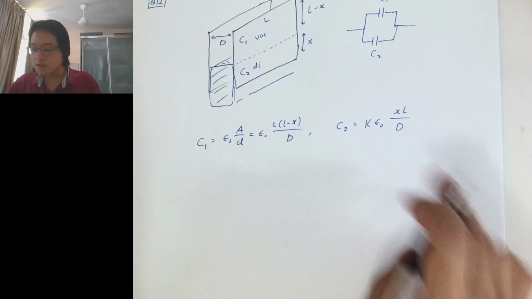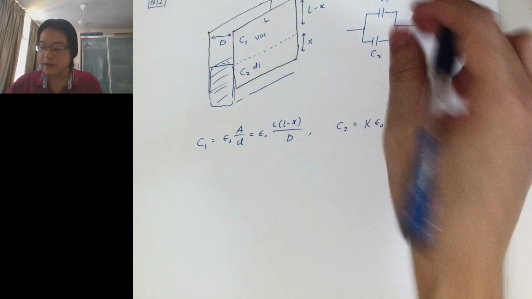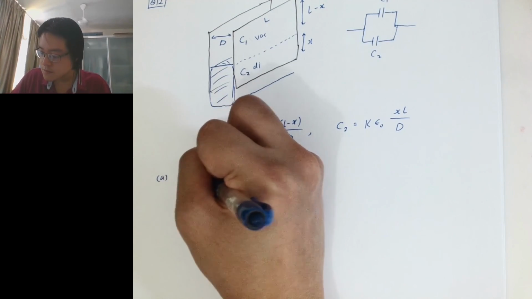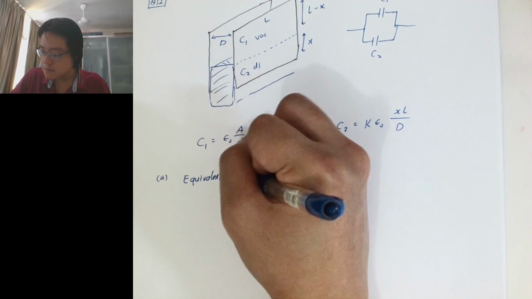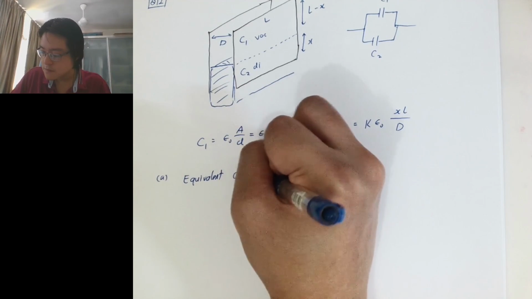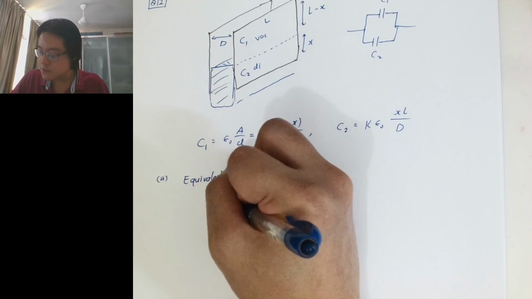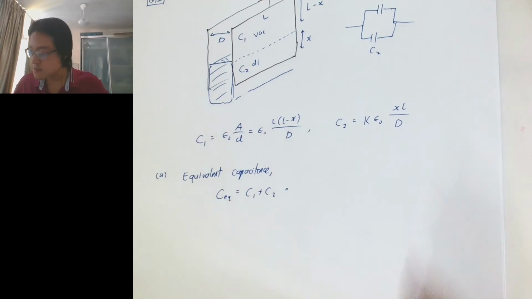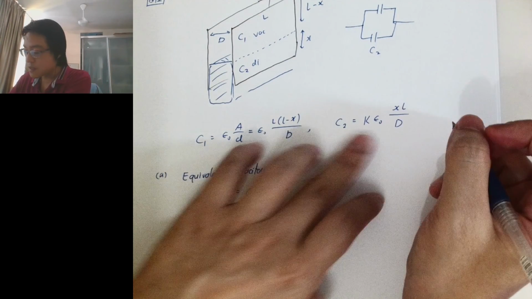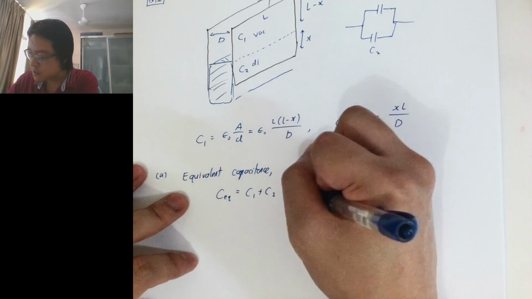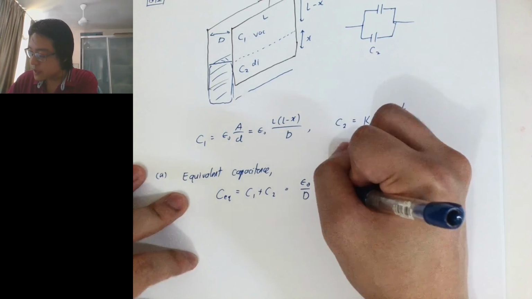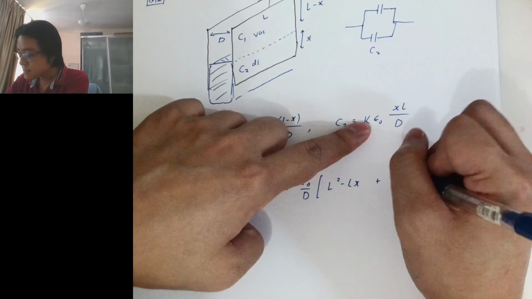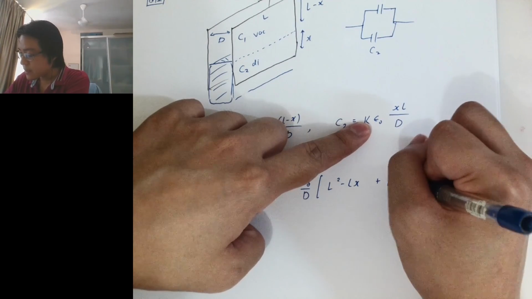This is a capacitor in parallel, so I can find the equivalent capacitance, which is just the sum of the two, C1 plus C2. Everybody has a factor of epsilon over D. So I get L squared minus LX plus K LX.